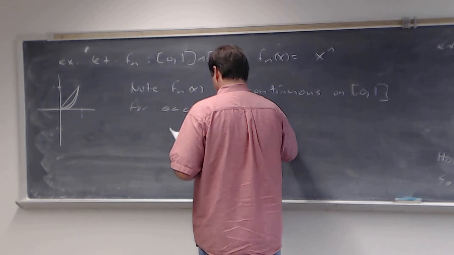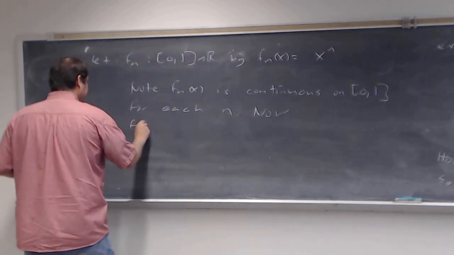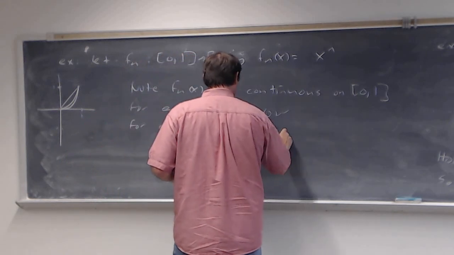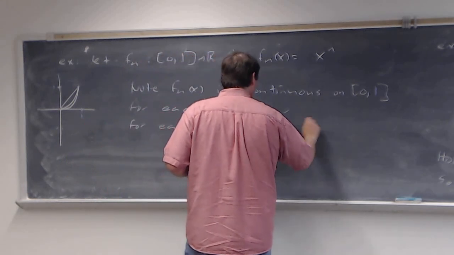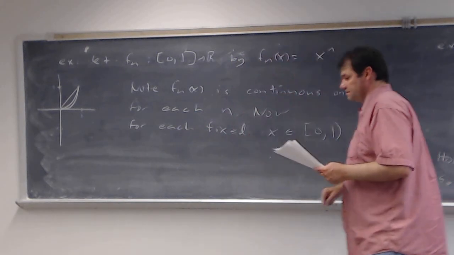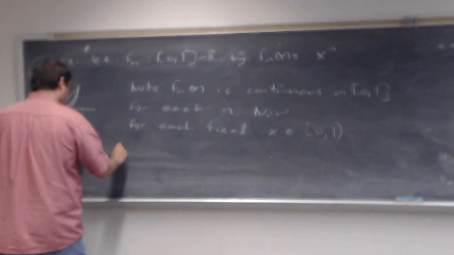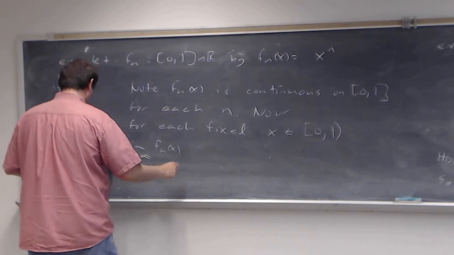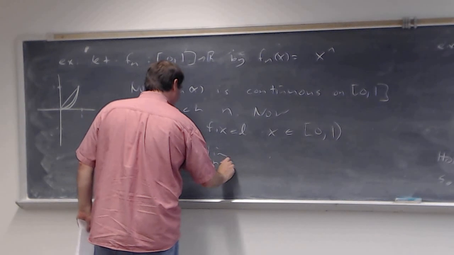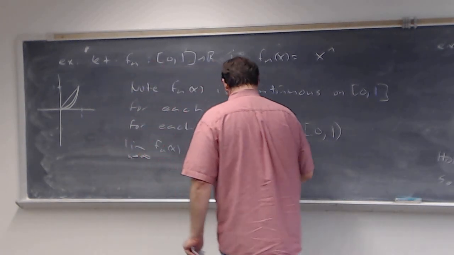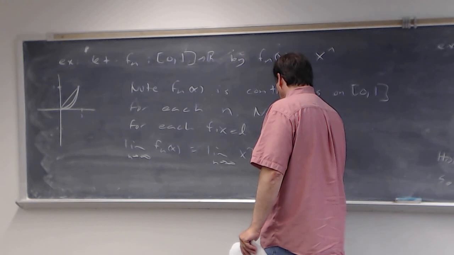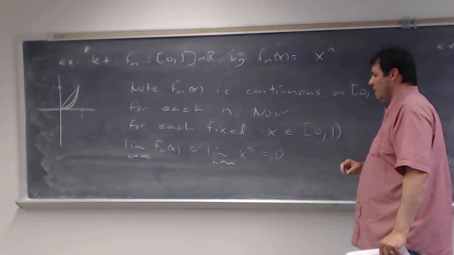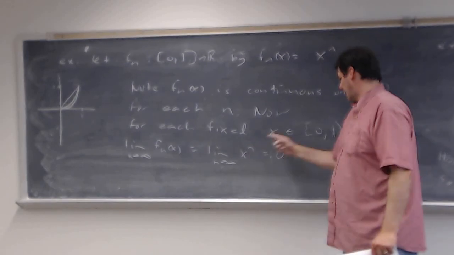Now, for each fixed x in 0 up to 1, but not including 1, the limit as n goes to infinity of f sub n of x will be equal to the limit as n goes to infinity of x to the n, and that's going to be equal to 0 for any number between 0 and 1, including 0 but not 1. If you take 0, which is obvious, 0 to any power is going to be 0.